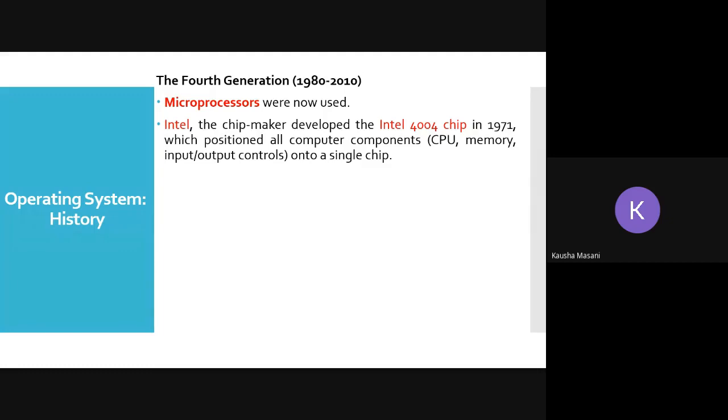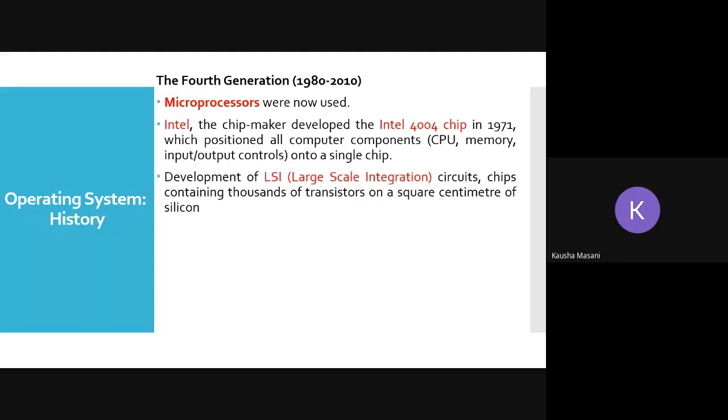Intel came into the picture now. They were the chip makers who developed the Intel 4004 chip in 1971, and what it did was position all its computer components into a single chip. So CPU, memory, input output IO controls, everything these microprocessor chips were able to handle. Again, as you said, large scale integration.